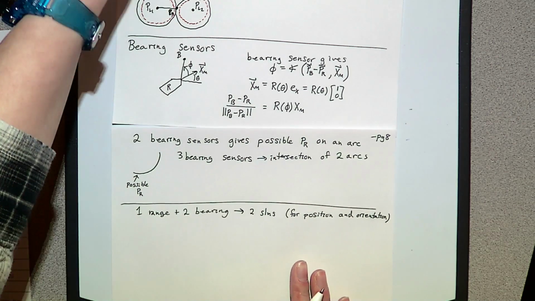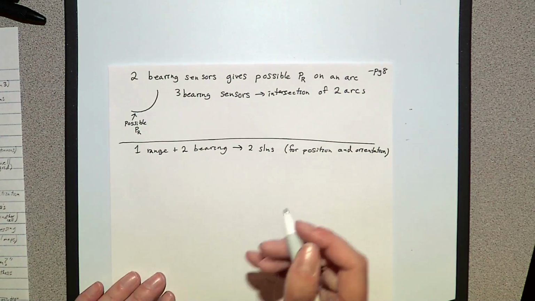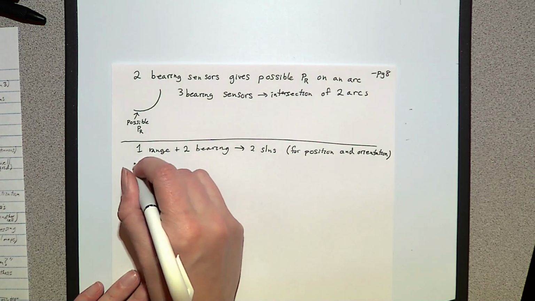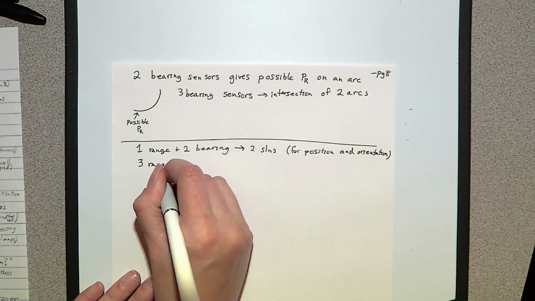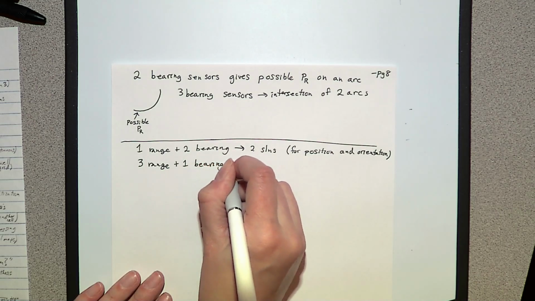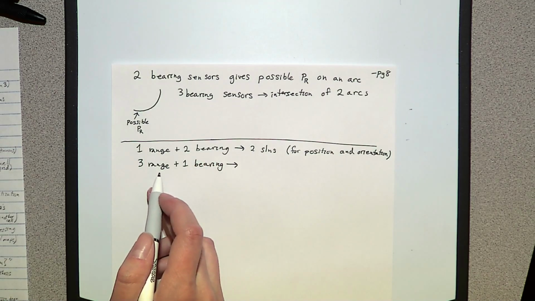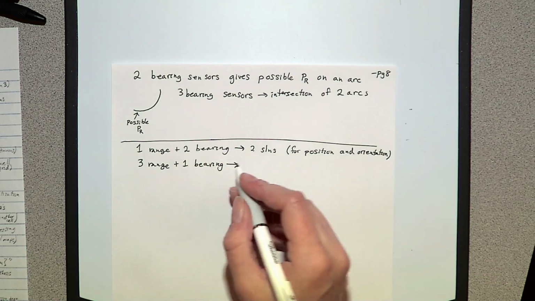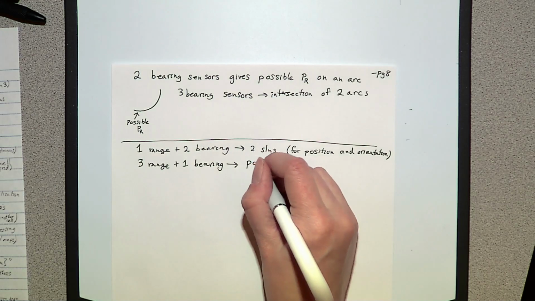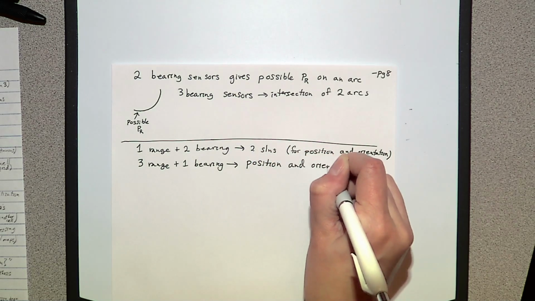And you actually get an intersection of an arc and a sphere. So that's actually a subproblem 3 solution again. And if you had, say, 3 range and 1 bearing sensor, so what we had before is if you had 3 range, then you could get position. If you add this in, then you can get your position and orientation.